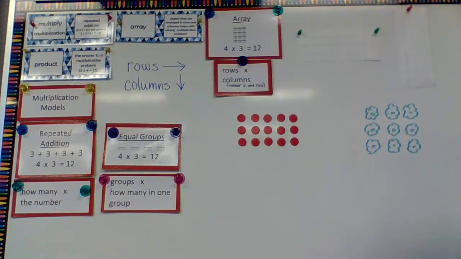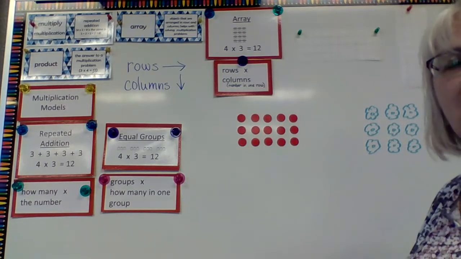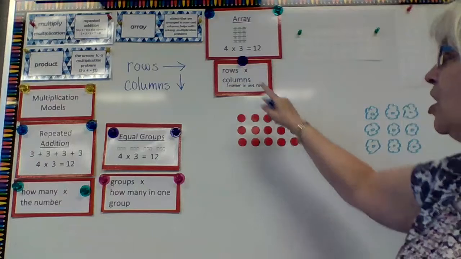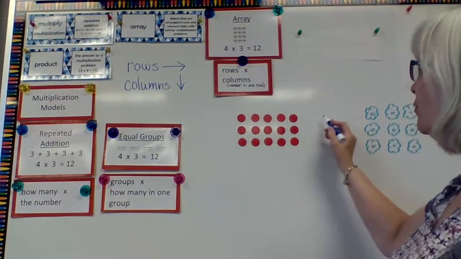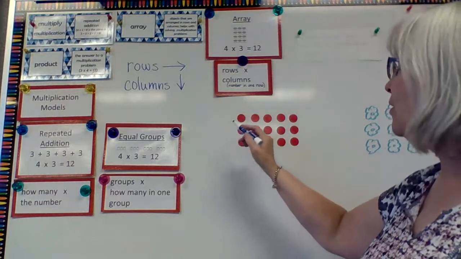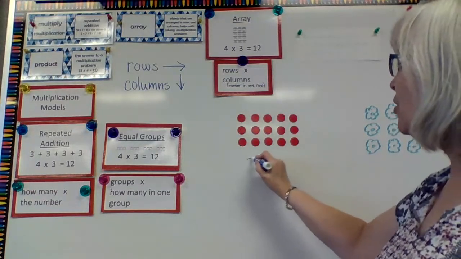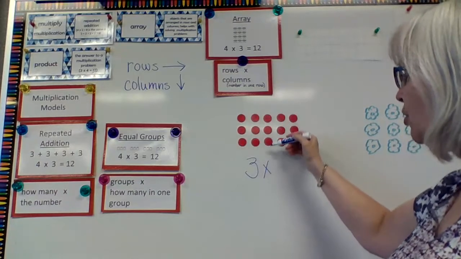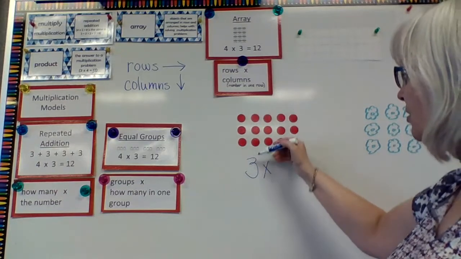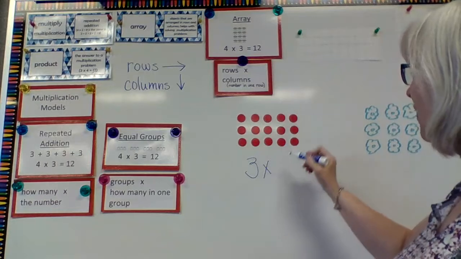So let's talk about how we write a multiplication sentence using arrays. First, we always do the rows. How many rows? Remember, that's the horizontal. 3 rows times how many columns are there? 1, 2, 3, 4, 5.